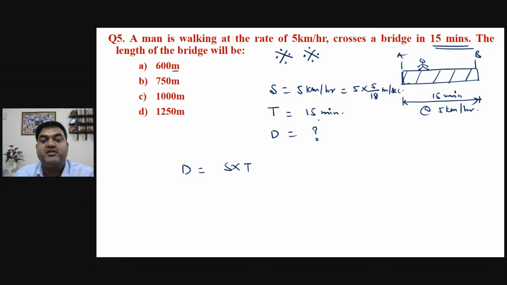He is taking 15 minutes of time, so let's change this also into 15 into 60 seconds. So distance will be 5 into 5 divided by 18 into 15 into 60.